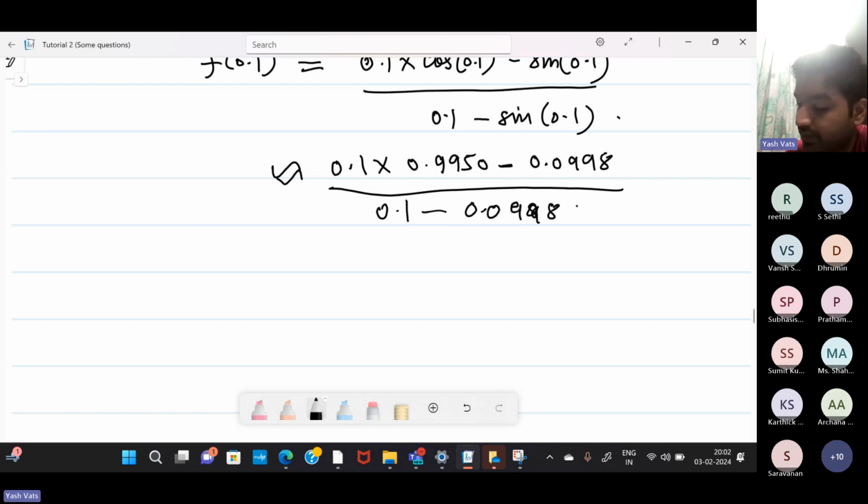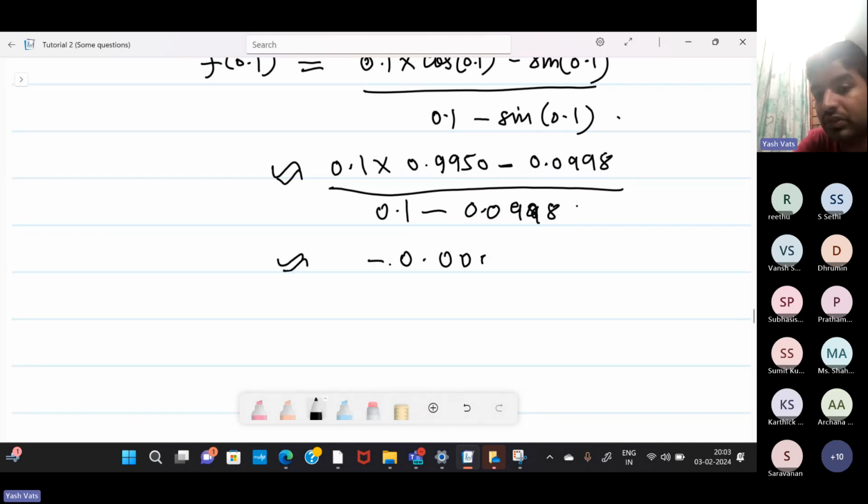Okay, this is one calculator. 0.1 times 0.9950 minus 0.0998, so it is minus 0.0003. It's just approximation.